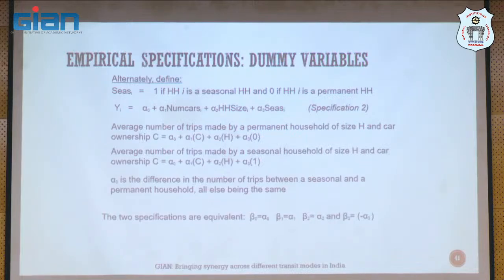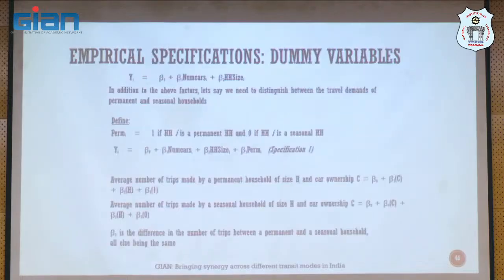It's like one of them is the default base. So now I switch that around and I put seasonal. What will be the relationship between alpha 3 and beta 3? If beta 3 is the coefficient for permanent and alpha 3 is the coefficient for seasonal, will there be any relationship between beta 3 and alpha 3?